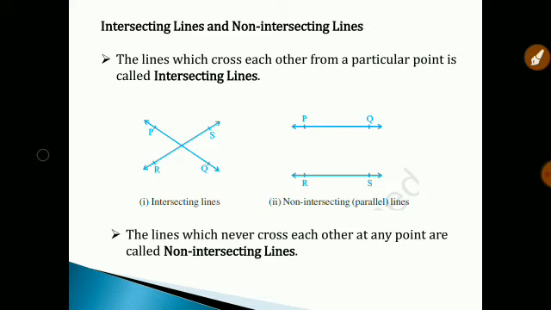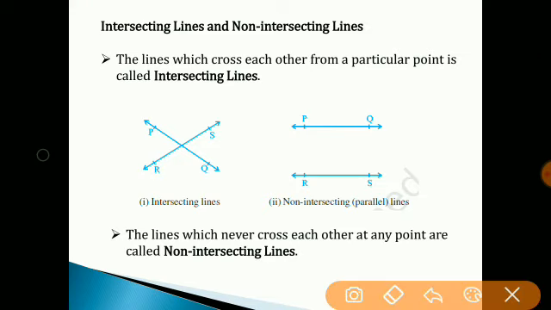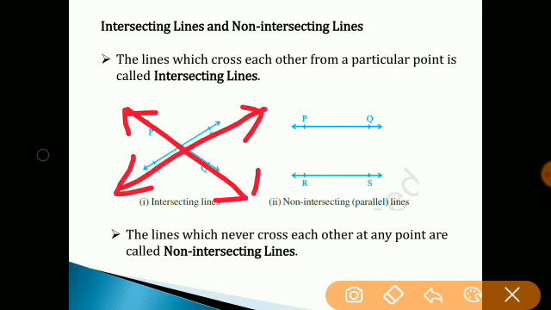Intersecting lines and non-intersecting lines. The lines which cross each other at a particular point are called intersecting lines. Here we can see that PQ and RS both intersect each other at point O. So these PQ and RS are intersecting lines.